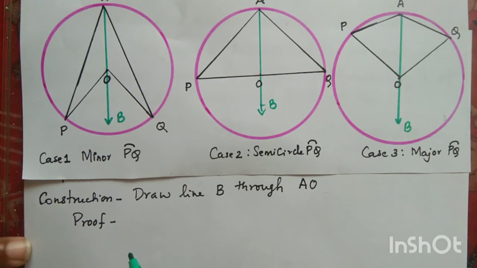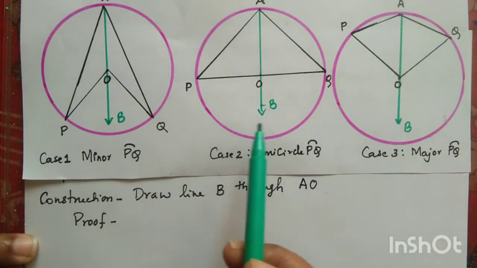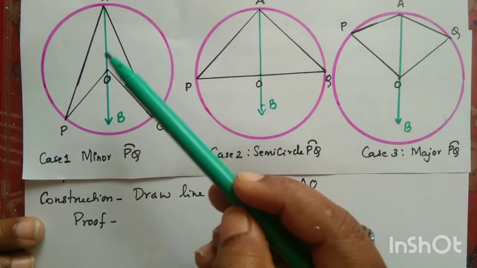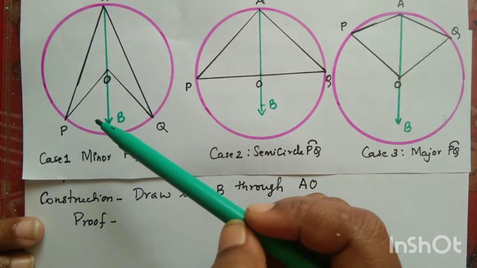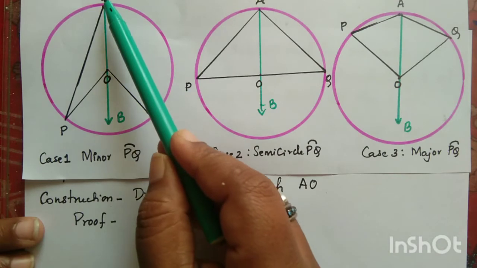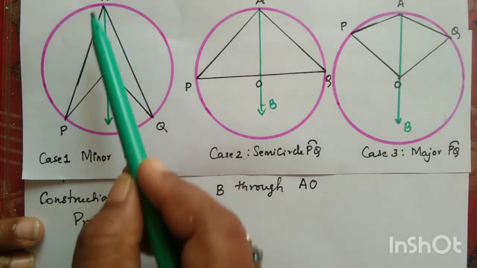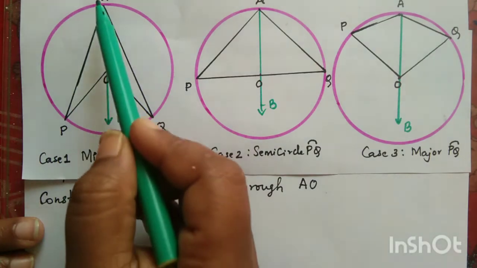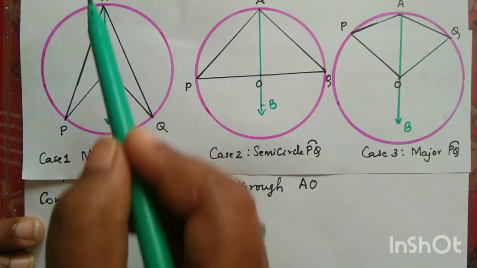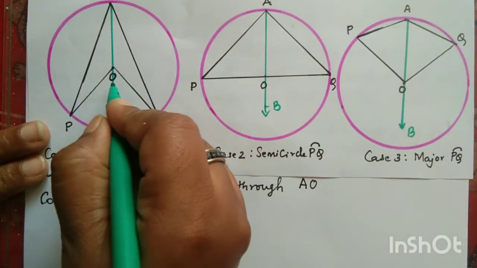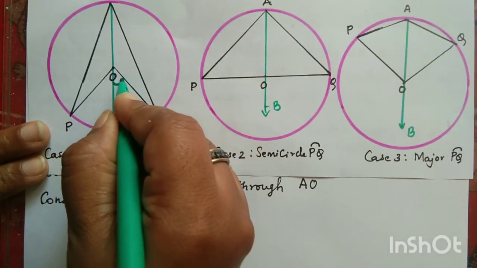Now we will start with the proof. We have drawn the line here, and you can observe that this figure has been divided into two triangles, that is AOP and AOQ. Now I will consider triangle AOQ. If I consider this triangle, we can see here this is the exterior angle formed.